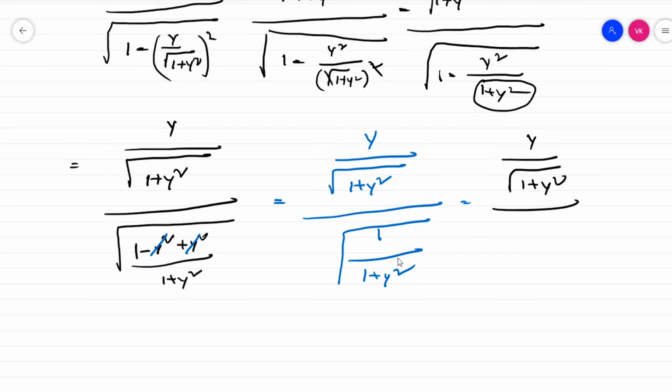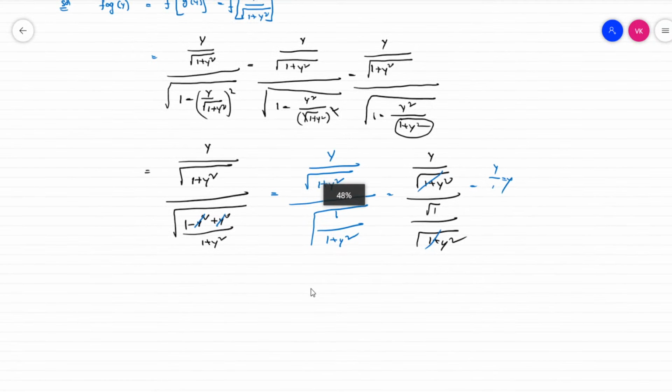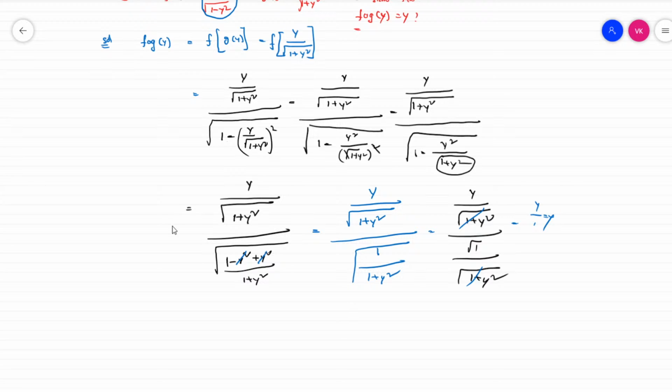Now divide the whole square root as square root of 1 by square root of 1 plus y square. Then we can easily cancel both denominators like this. Then we will get y by 1, that is equal to y. Now observe that we got the RHS. So finally we got f circle g of y is equal to y.